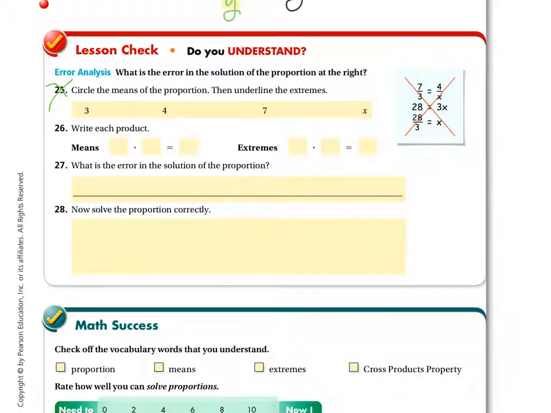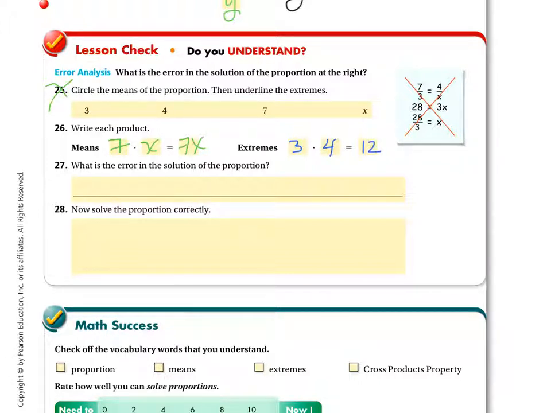All right, so what are your cross products? So if I took 7 and multiplied it by x, I would get a 7x, agreed? And then your other cross product would be 3 and 4 multiplied gives you 12.